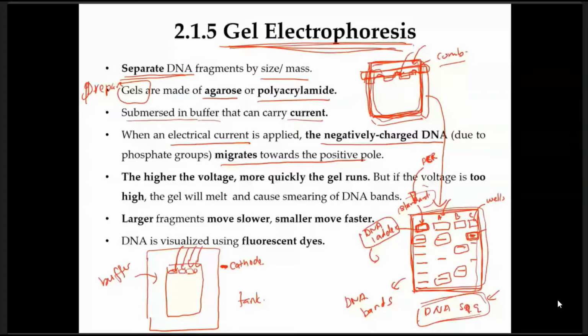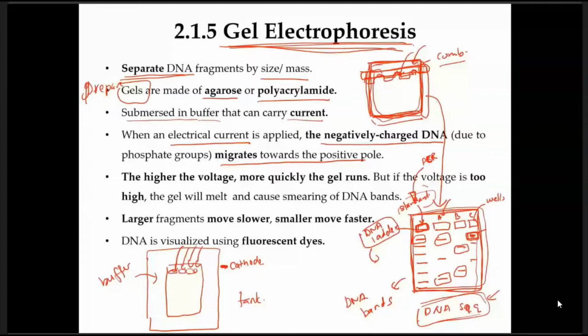Sekejap, nanti kita tengok istilah dia. The electric current where you have the DNA sample, awak akan connect dengan sumber negatif. The opposite, you letakkan dia dengan positif. Positive charge. Okay, positive pole. Okay, so kalau kita tengok gambar rajah sekejap.